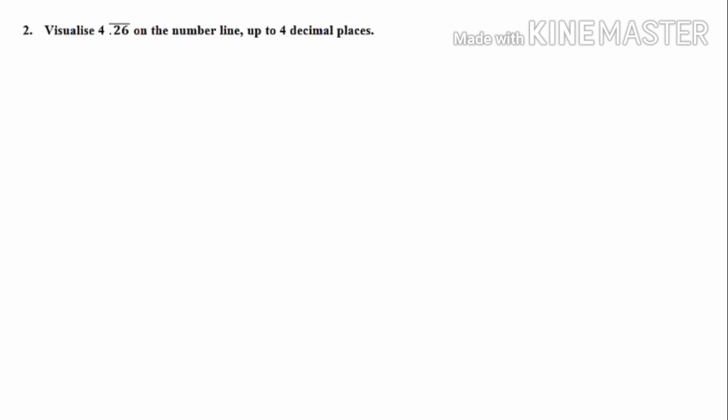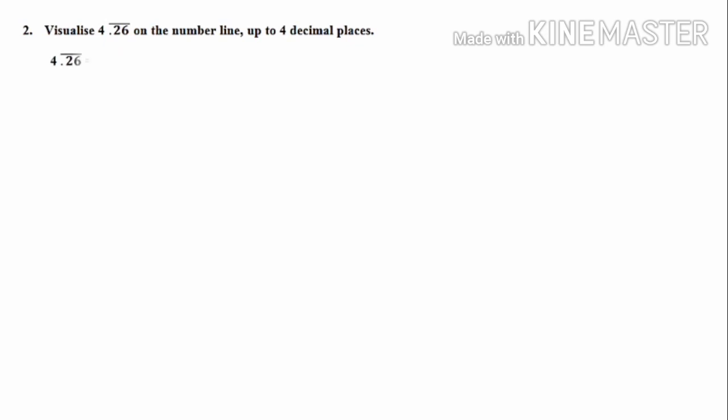Next we shall discuss question number 2. Visualize 4.26 bar on the number line up to 4 decimal places. Here 4.26 bar is a non-terminating repeating decimal, meaning 0.26 repeating. That means the digits 2 and 6 are repeating periodically. So we have to represent this number up to 4 decimal places, meaning 4.2626 we have to take.